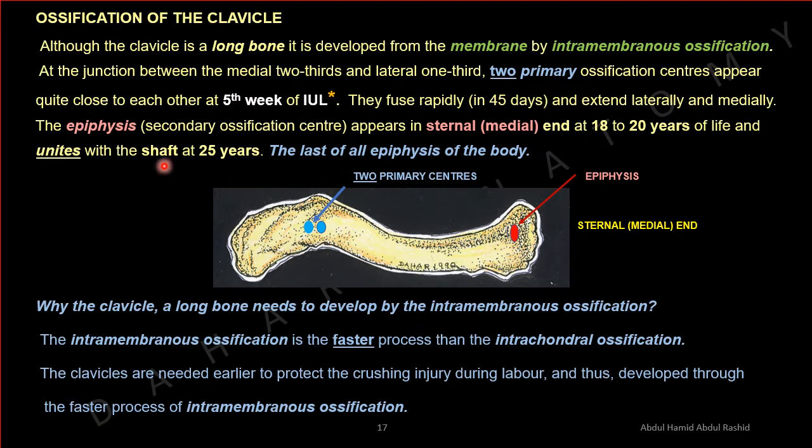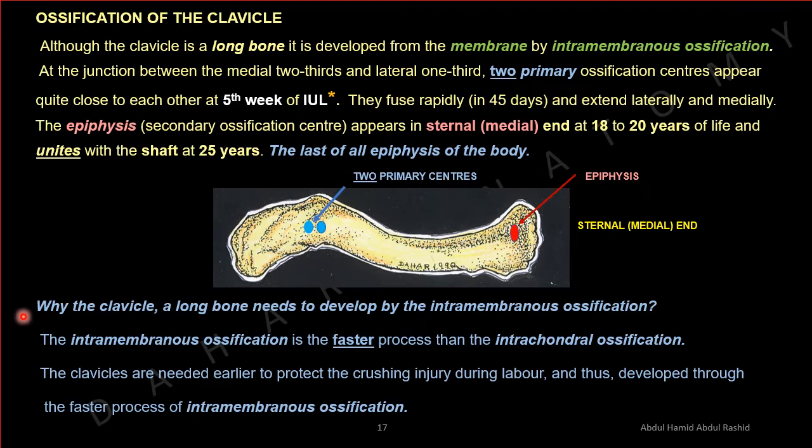The epiphysis, that is a secondary ossification center, appears in the sternal, that is medial end, at 18 to 20 years of life, and unites with the shaft at 25 years. Therefore, the last epiphysis of the body to unite is here. So this bone, the clavicle, is first to appear, formed in the 5th week, and last to stop growing, at the age of 25.